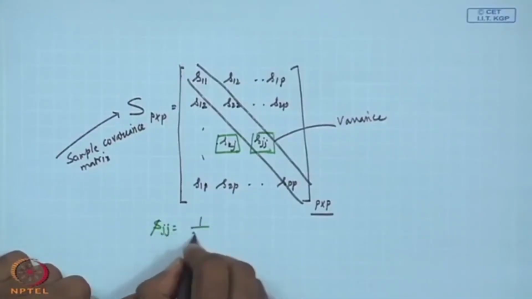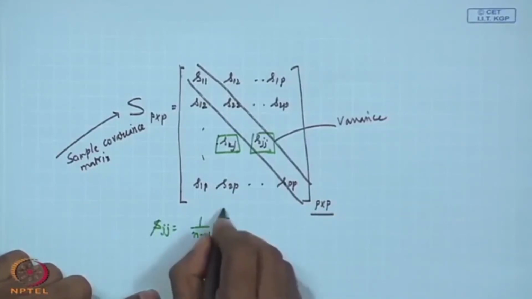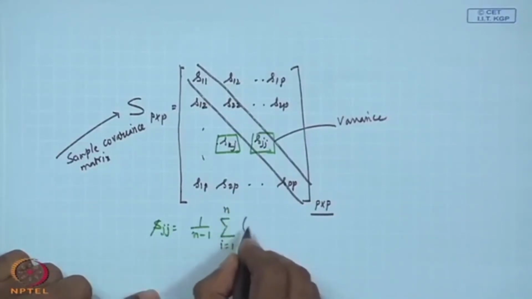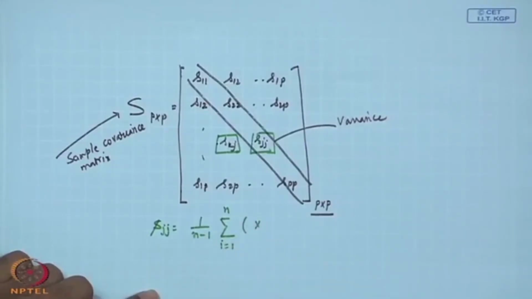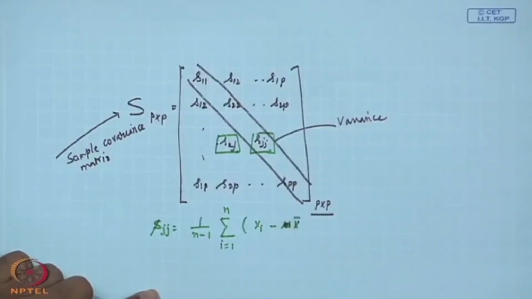We have seen that 1 by n minus 1, sum total of i equal to 1 to n. You have written x, you have written i, then you have written minus mu, but here it is basically x bar you have used.